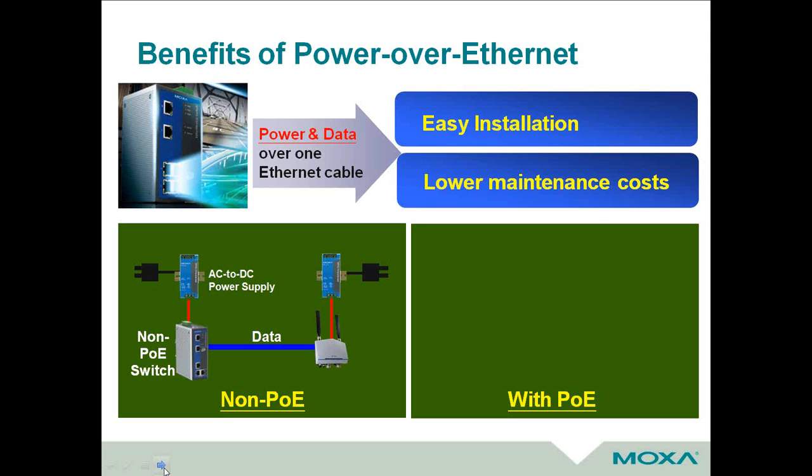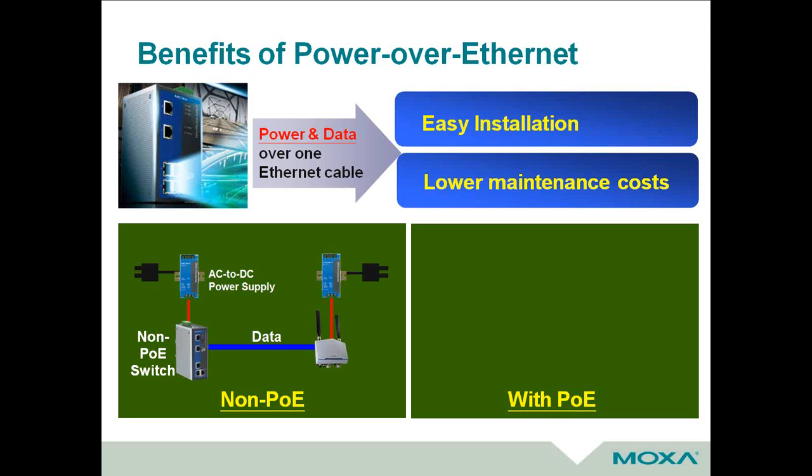So, in a non-PoE situation, your installation might look like this on the left-hand side here. It's pretty simple. You've got an AC/DC power supply that's plugged into the wall or into AC somewhere. And it's making DC current that's powering your non-PoE industrial switch.